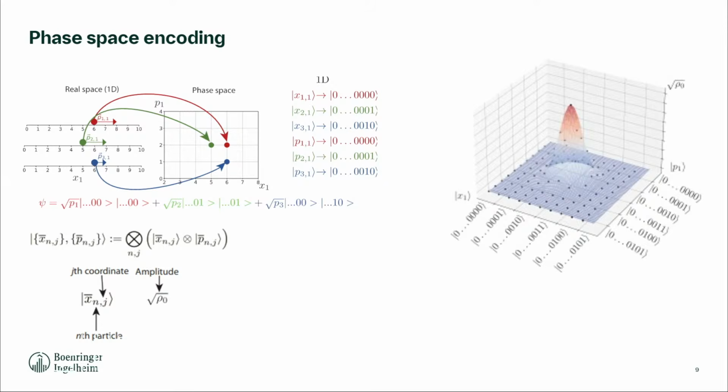Normally you would track the position of your nuclei and the momenta, you now import them into a phase space, and the amplitude of these vectors are basically the square roots of your density. And this is an example of what it would look like to have a peak distribution. This would mean that you have a Gaussian uncertainty on your position and on your momenta.